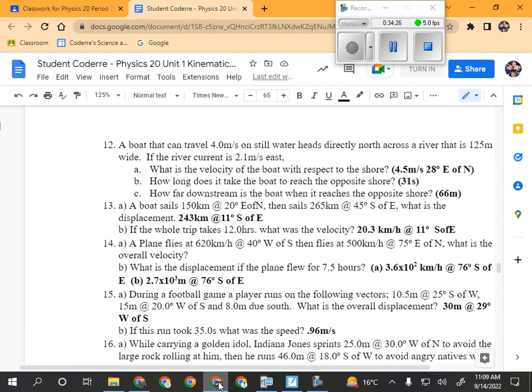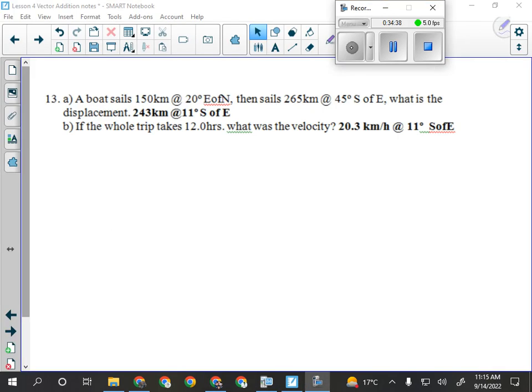So I'll give you a few minutes on 13, and then I'll draw the diagram for 13. You can see if you got the diagram right, and then I'll leave you to the rest of it. All right, I'm just going to put the diagram up here for this one.